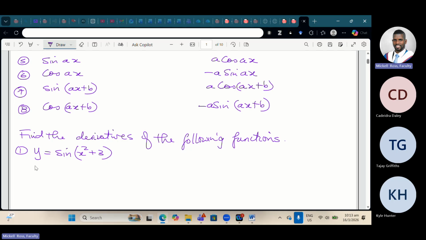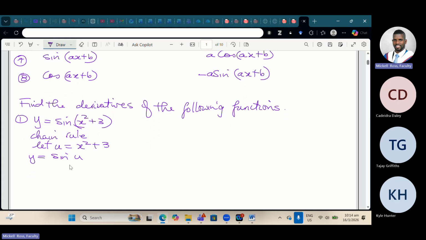So first I'm going to use the chain rule over here. So I'm going to say let u equal x squared plus 3, right? So we're using a substitution. So that means this is going to be y is equal to sine u, because all of this part is now u. So we have two things to differentiate.